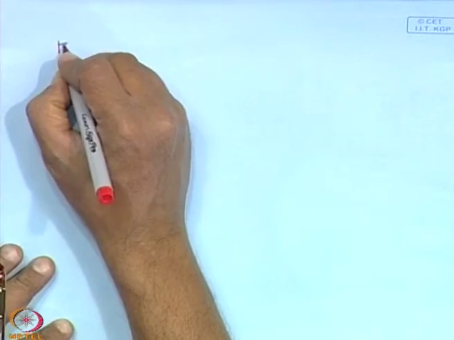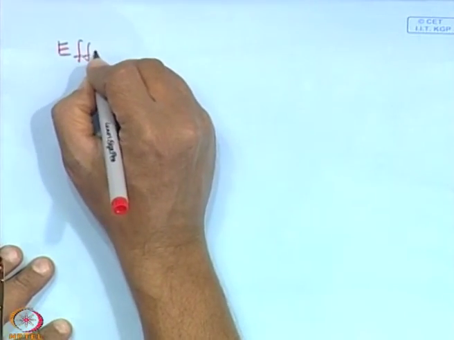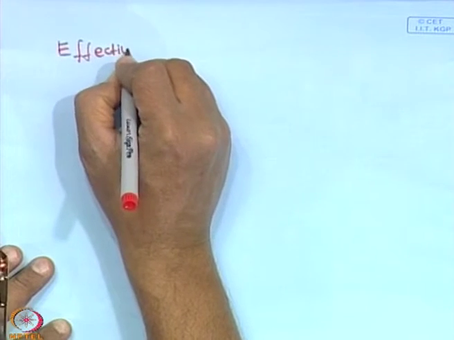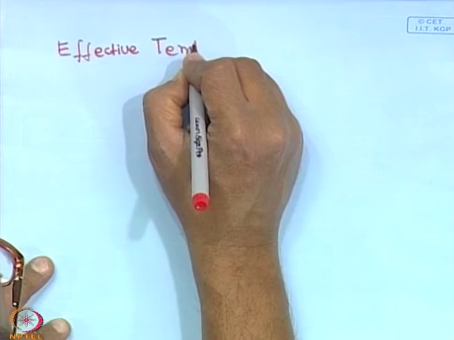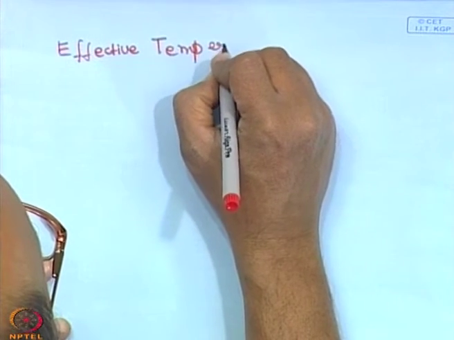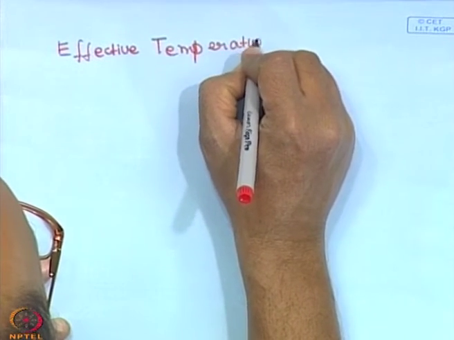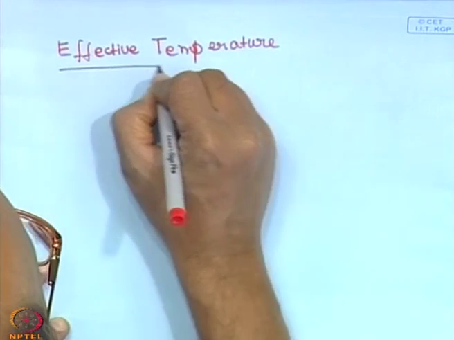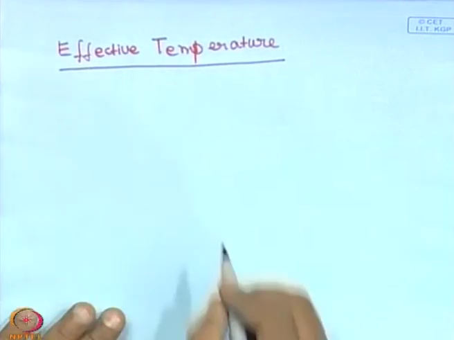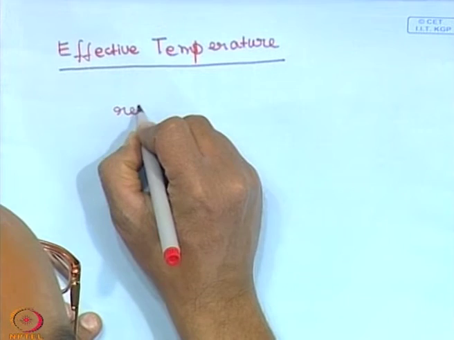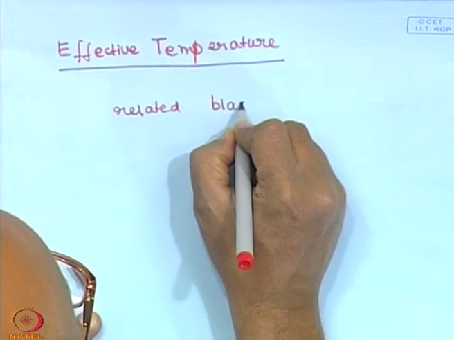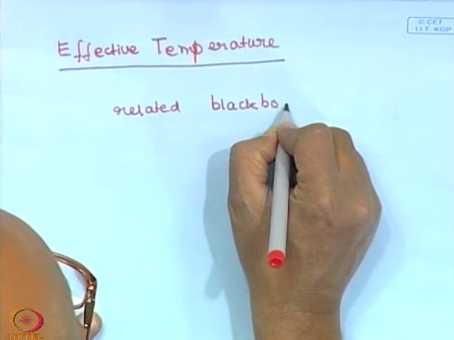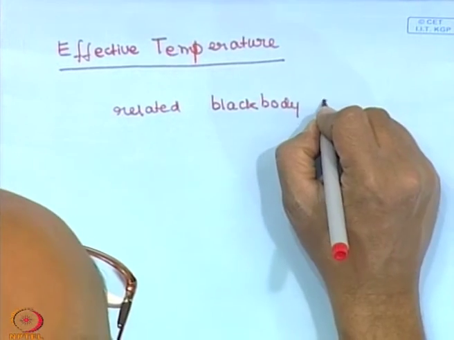And these effective temperatures, okay, are related to the black body spectrum.